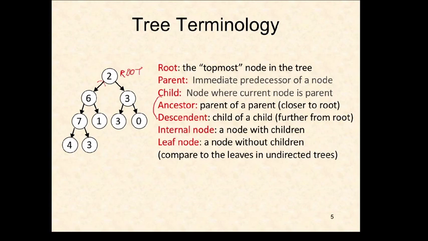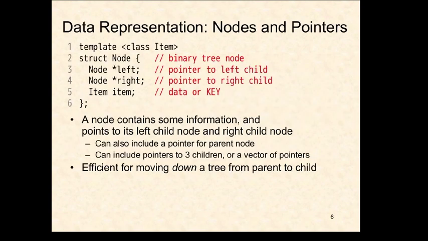An internal node is a node that does have children. A leaf node is a node that does not have children. Now, one way we could implement this, if we were going to stick to binary trees, is we could make a struct. Here I've shown it as a template so that we could have some generic item data type inside of it. We could make it more concrete.